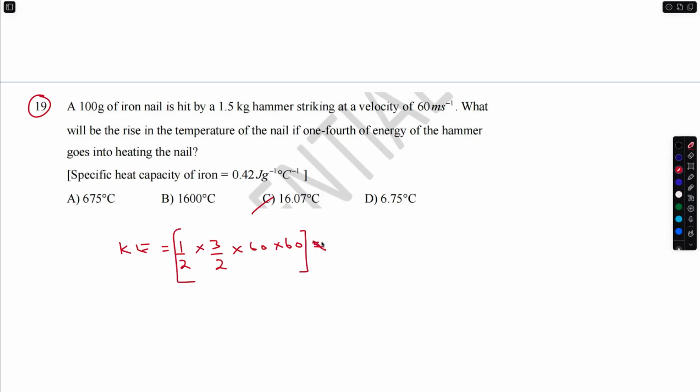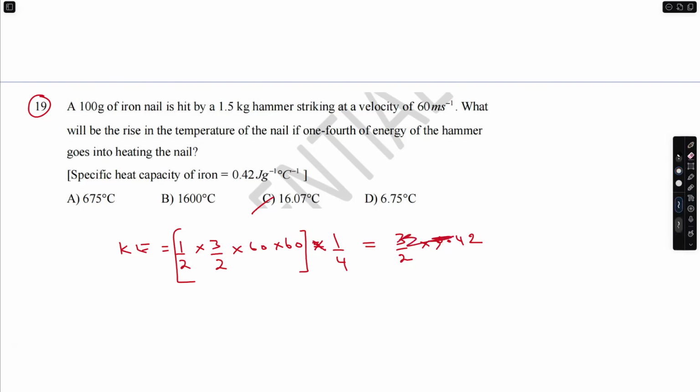And 1/4 of this is mass times specific heat, 0.42 joule per gram. Notice that it is in grams. What will be the rising temperature of the nail? 3 by 2.